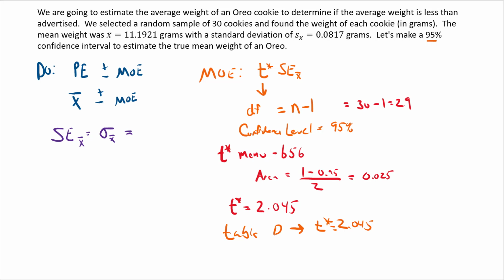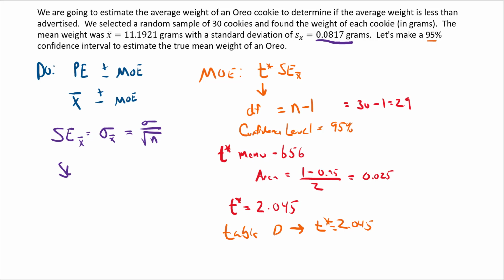To calculate that, we take the standard deviation that's given to us and divide by the square root of our sample size, which you guys have played with in previous lessons, but now we're classifying it as our standard error to calculate our margin of error. Okay? So for this, they said our standard deviation was 0.0817, okay? And then we're going to divide that by the square root of 30.